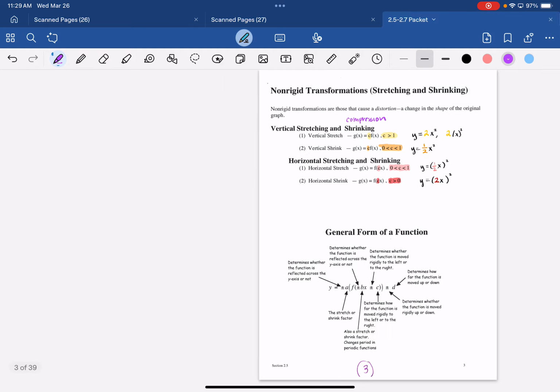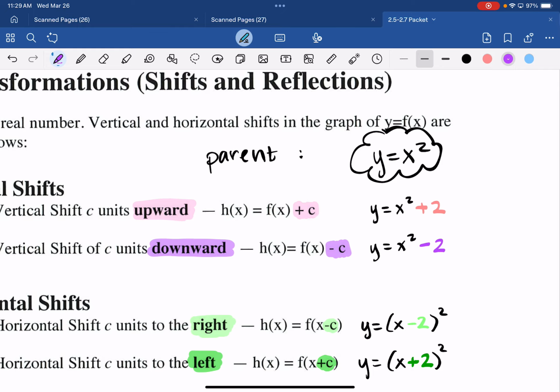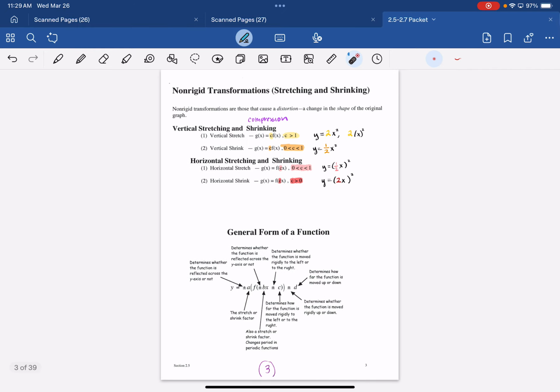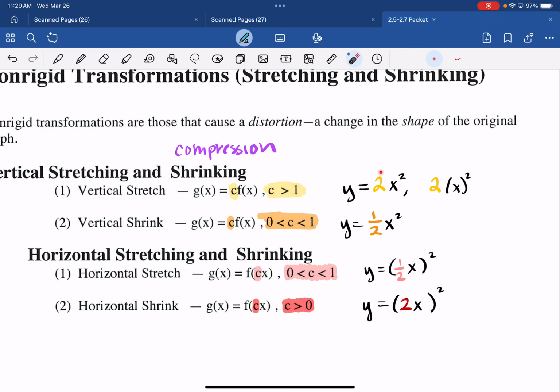When I talked about a vertical shift, it was outside. When I talk about a vertical stretch, it's also outside. So outside, think vertical. Inside was horizontal, and for my horizontal shift, it was inside too. So that is the same, so that's nice.